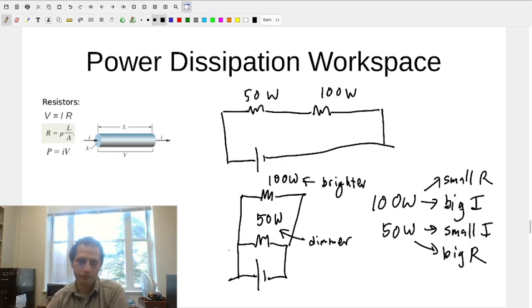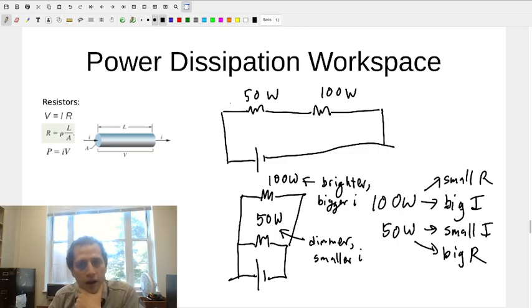So this would be brighter and you'd get a bigger I. Here you get dimmer and you get a smaller I.